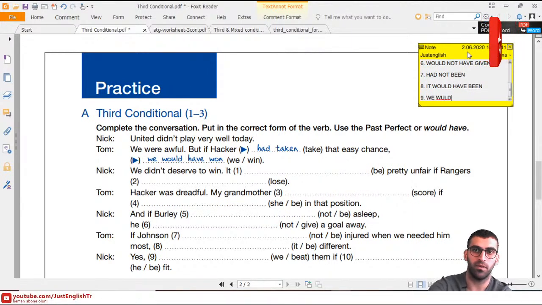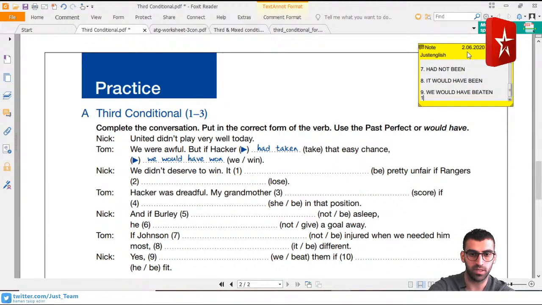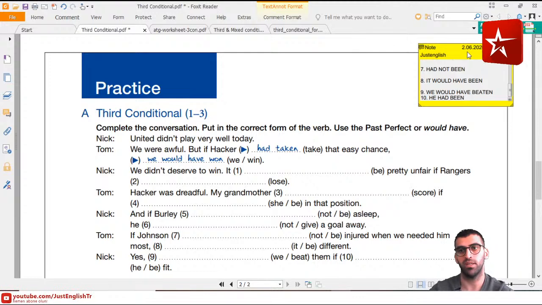We would, W-O-U-L-D, we would have beaten. Number 10 is them if he, okay, had been fit.